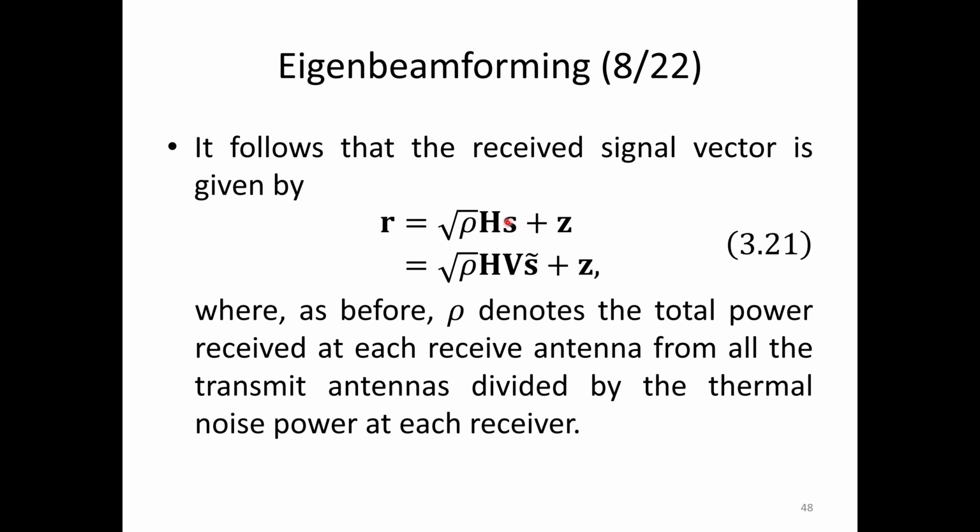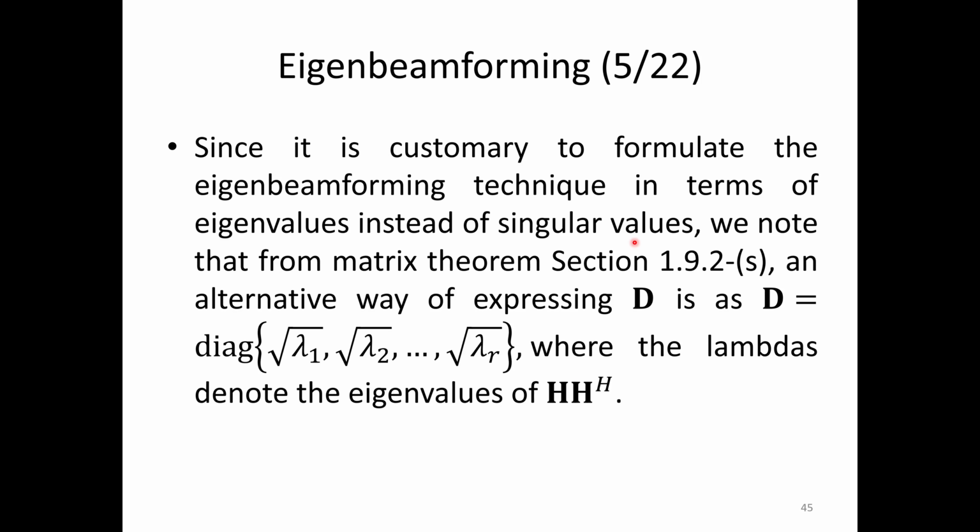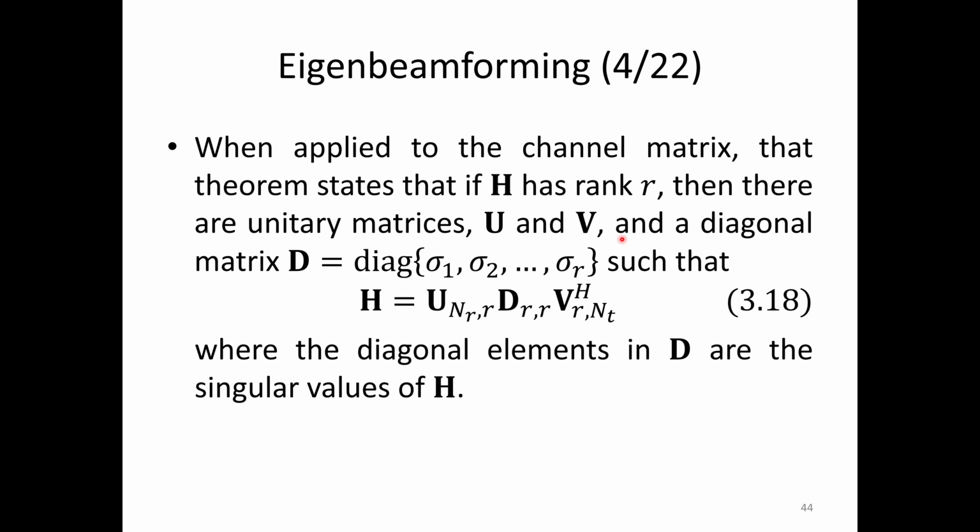And because S is equal to V times S tilde, what is the matrix V? It is also related to the singular value decomposition. Let us go to previous slides.